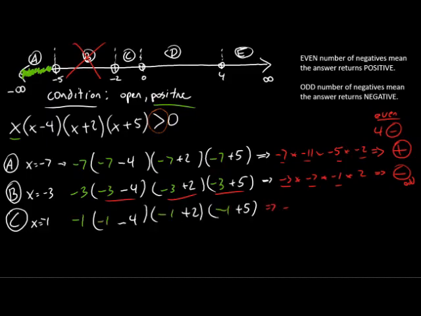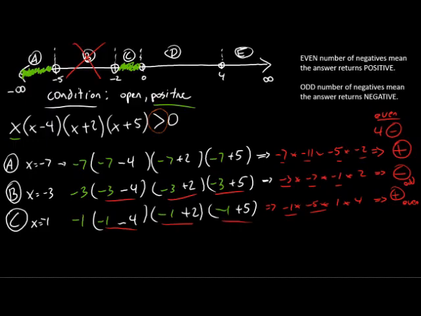Therefore, we'll have -1 first, and -1 minus 4 gives us -5. -1 plus 2 gives us +1. -1 plus 5 gives us 4. Therefore, we have two negatives, -1 and -5, that is even, and so our answer will be positive for that region. Positive is the condition for this inequality, therefore region C will be part of the answer.